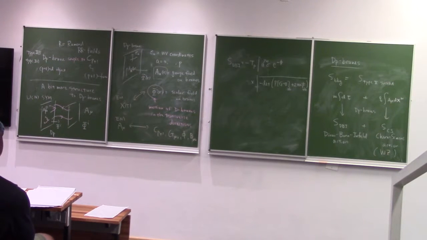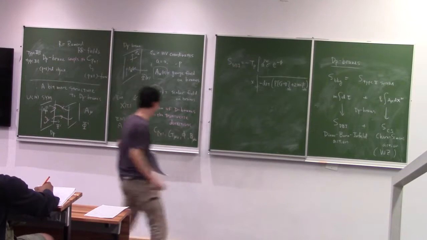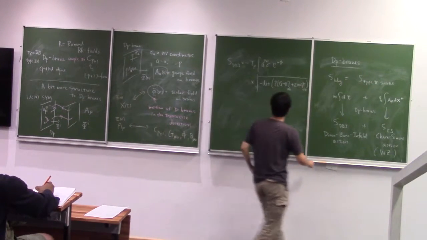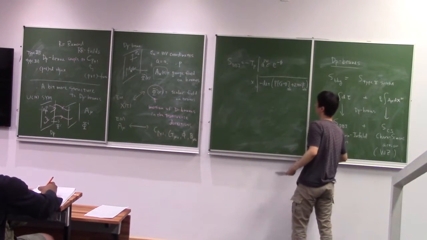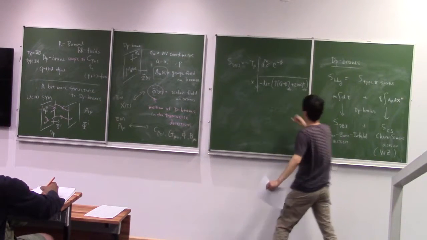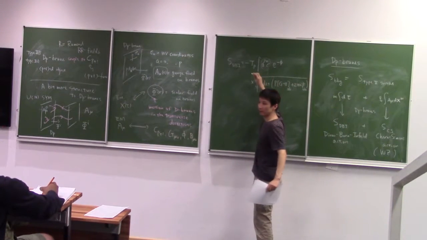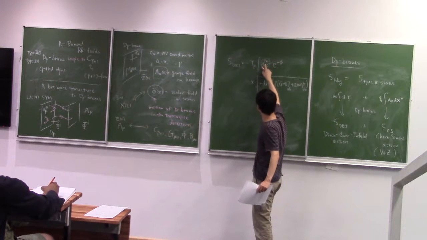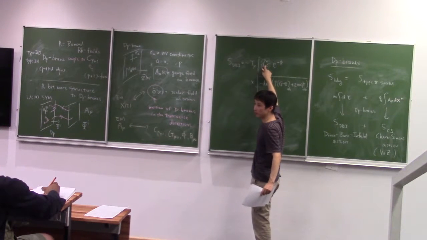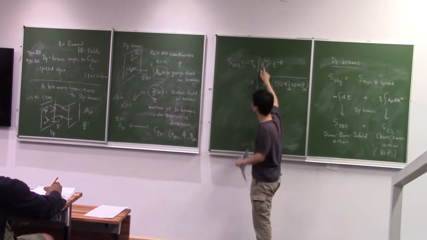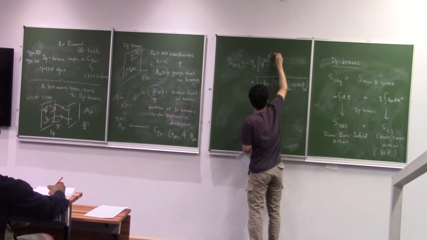This is a DBI action. So first, it's an integral over the p plus 1 dimensional world volume. So this is just the world volume.